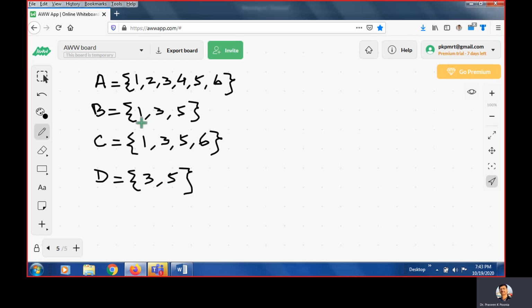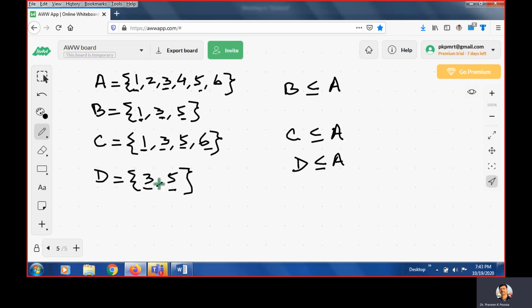Now we need to find the relationship. Look, 1, 3, 5. So B is a subset of A. Clear? 1, 3, 5, 6. C is a subset of A. Clear? D 3, 5. So D is a subset of A.